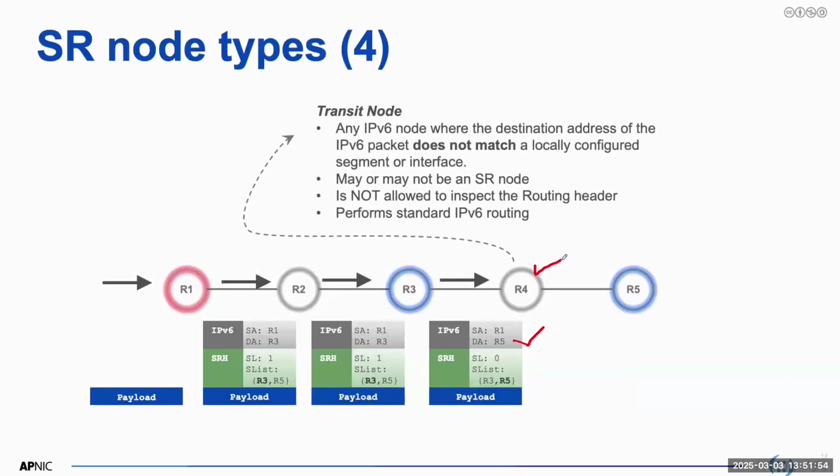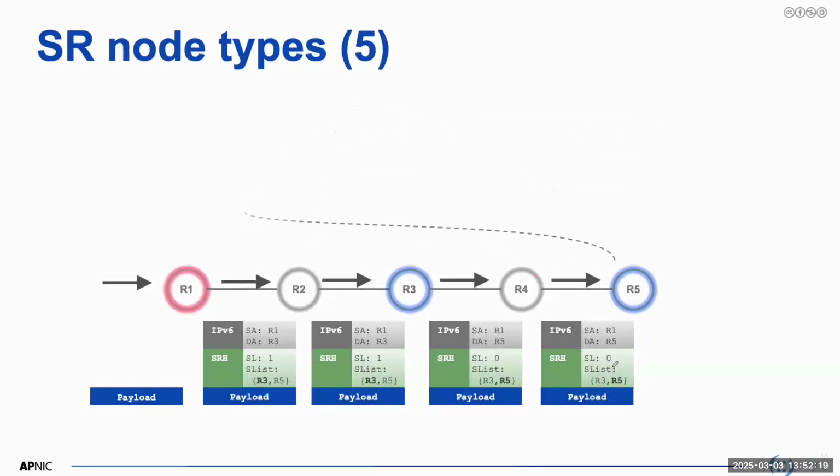It will see how it can reach R5, and it will just forward the packet towards R5. So in this case, you can notice the destination address is the same R5, and there is no change in the SRH, and the packet reaches R5, which is our ultimate segment endpoint.